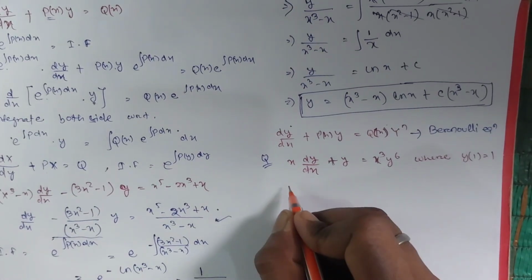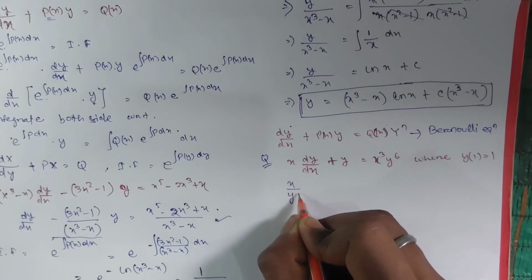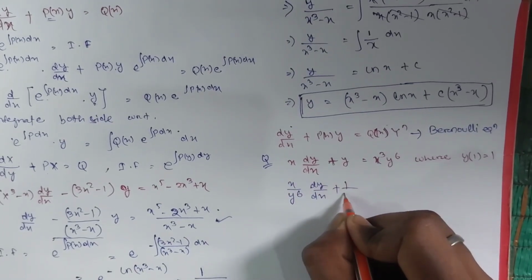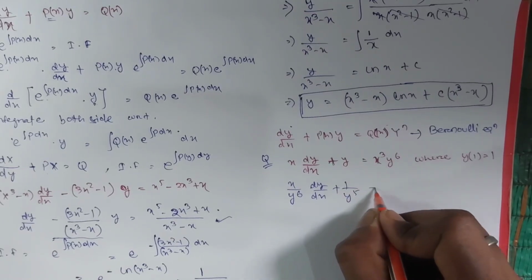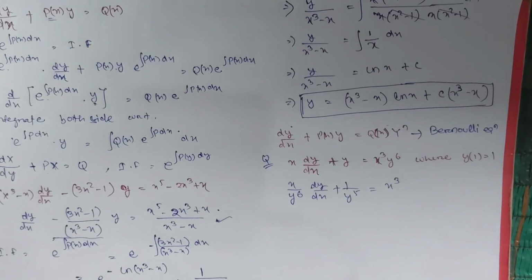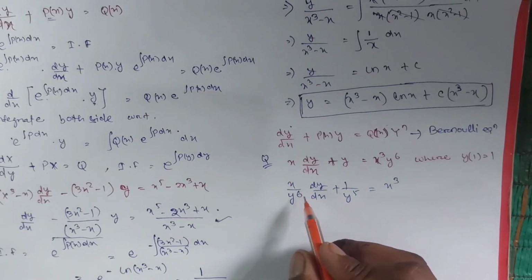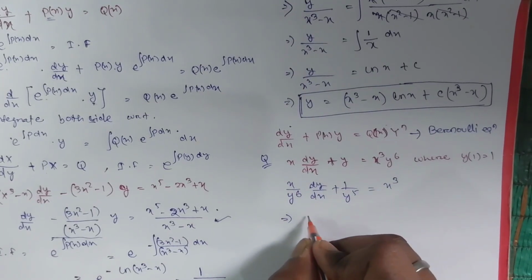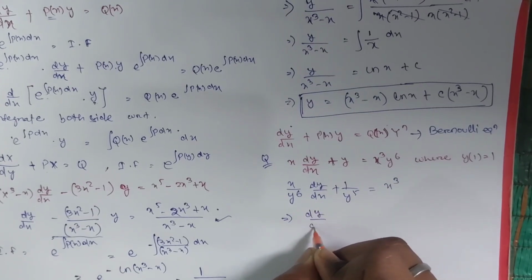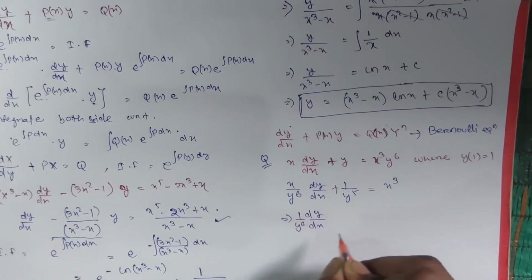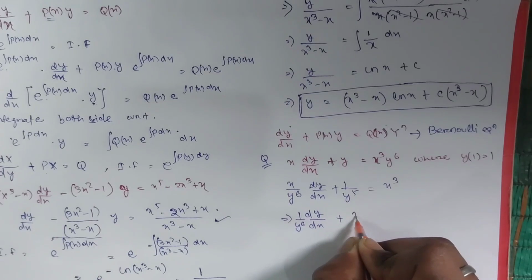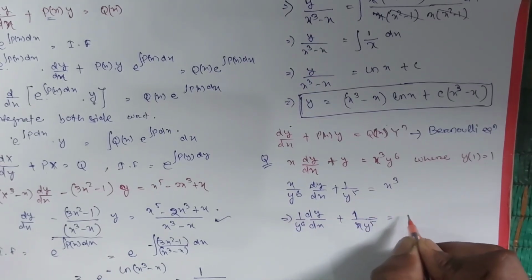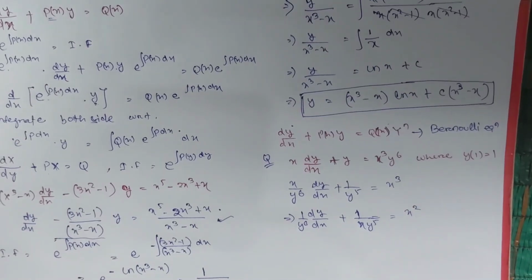So divide by y to the power 6 on both sides, then it becomes x/y^6 dy/dx plus 1/y^5 equals x cube. Now we can further simplify it by dividing by x on both sides, then it becomes 1/y^6 dy/dx plus 1/(x y^5) equals x square.